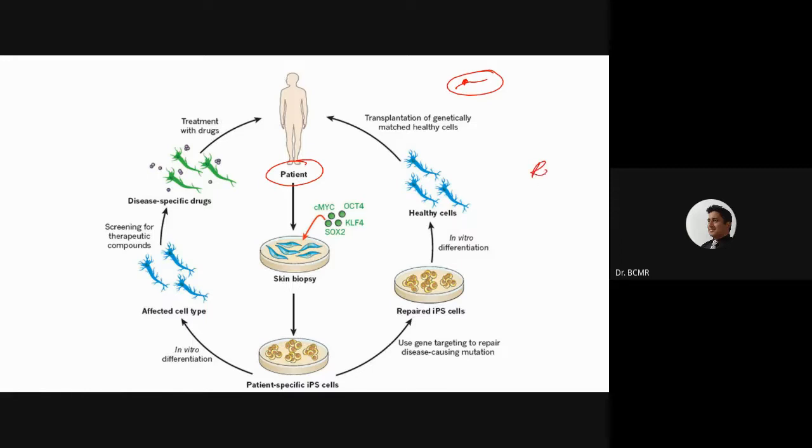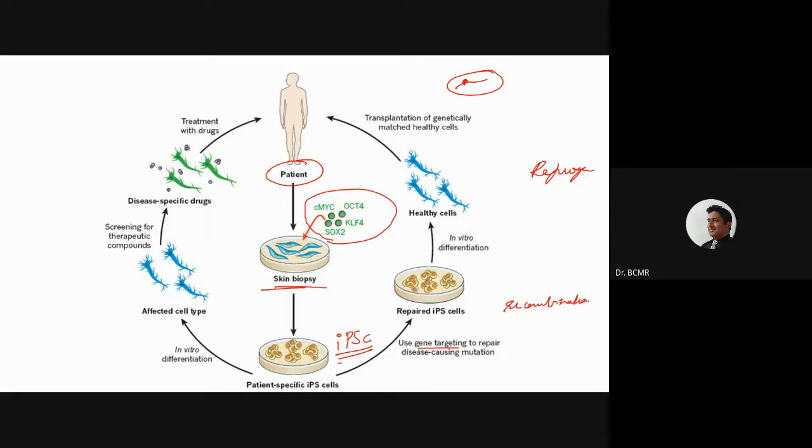That is our goal. So we would take a skin biopsy, and using several mechanisms and factors, which we will discuss a little bit, we could generate induced pluripotent stem cells. From those induced pluripotent stem cells, we could make a repair by using recombination.